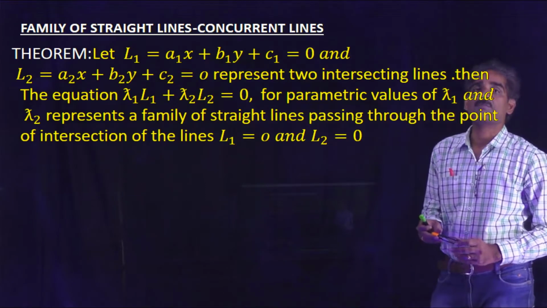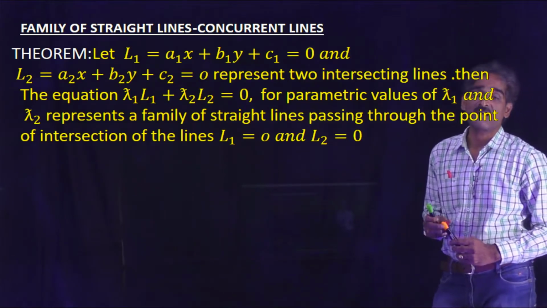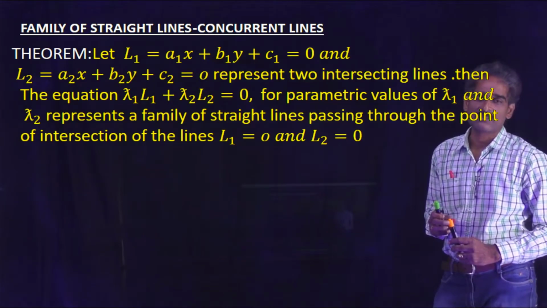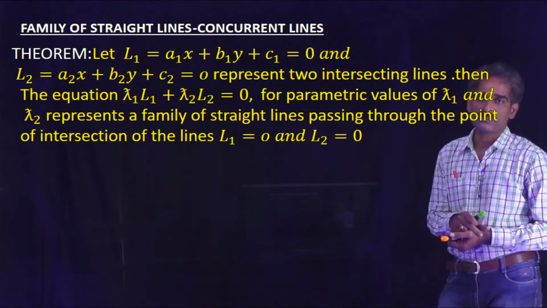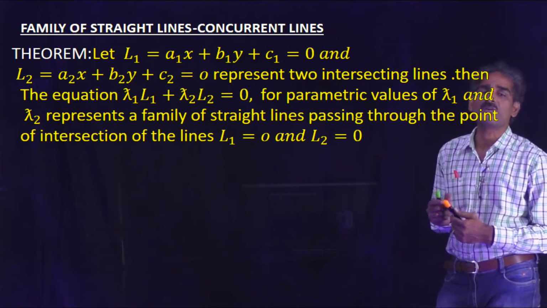Family of straight lines, or concurrent lines, system of lines. Here there are two intersecting lines, L1 equal 0 and L2 equal 0.